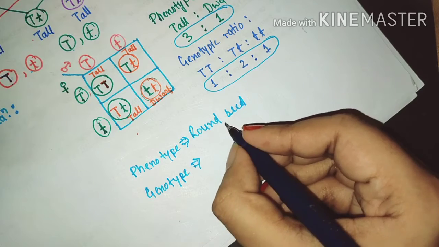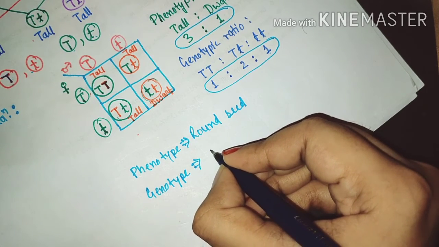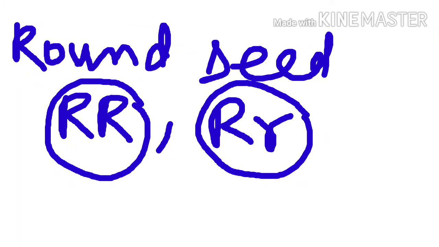So for round seed, I told you in the first lecture that it can be two genes, either capital R capital R or capital R small r.